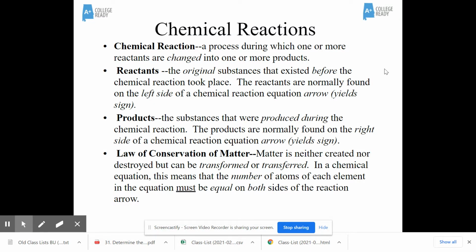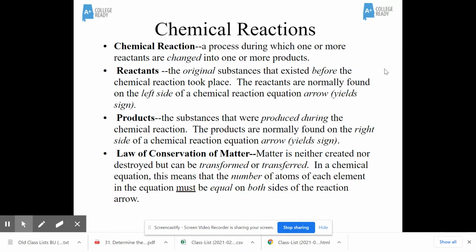We're just adding on. In the last unit, we learned how to write formulas, how to name compounds, and how to change things from grams to moles or moles to molecules. In this unit, we're going to talk about entire chemical reactions.